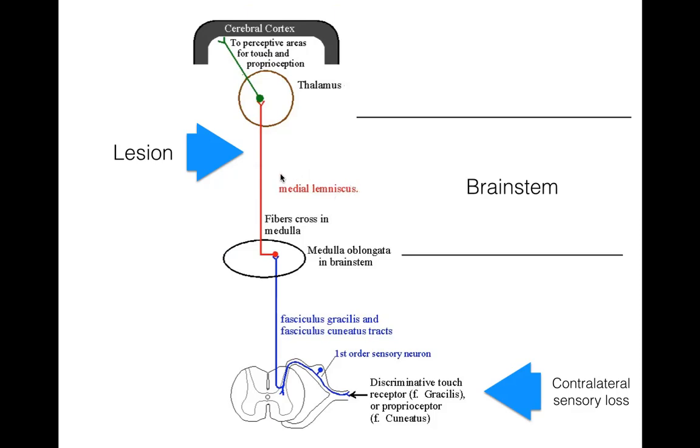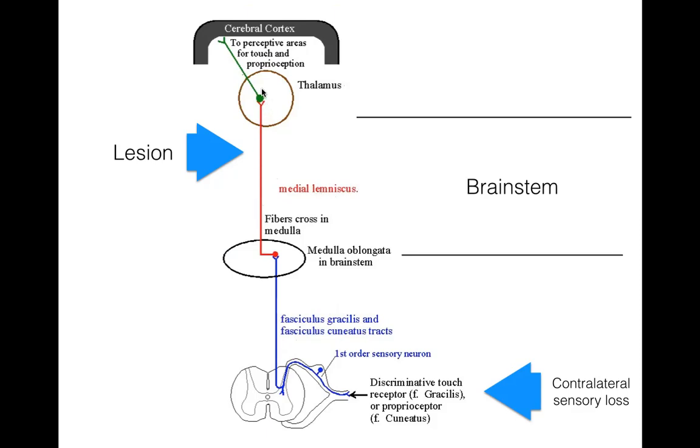So really the medial lemniscus and the dorsal column are the same pathway, it's a continuous pathway. The difference is that dorsal column refers to the pathway when it is still found in the spinal cord, while we now refer to it as the medial lemniscus when it has reached the brainstem.